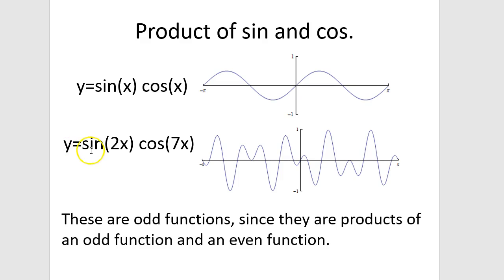Now, if you had y equals sine 2x times cosine 7x, then you get this complicated waveform, and it's hard to track what's happening, but you do see that there's some kind of symmetry of left and right.